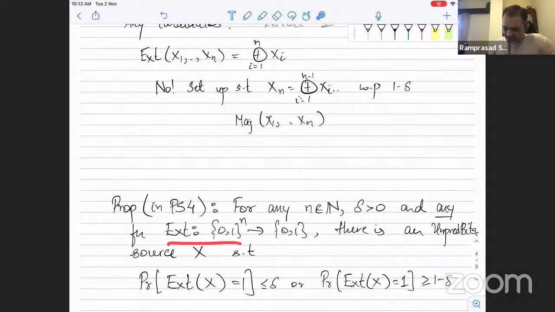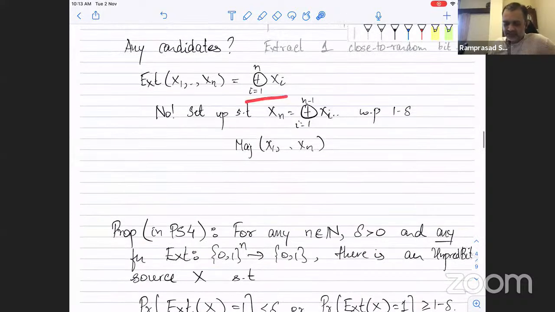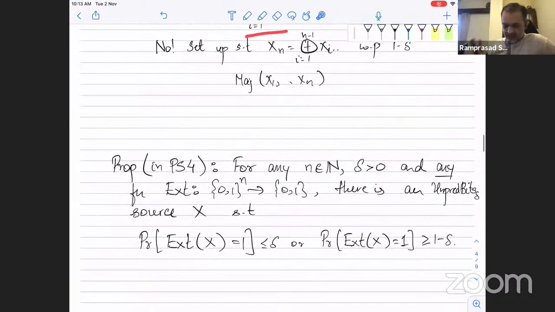Then given such a function, you can actually construct a source where the output of the extractor is either very, very close to 0 or very, very close to 1. So there's nothing really fancy about us failing in the parity situation. In fact, we will fail in every situation.